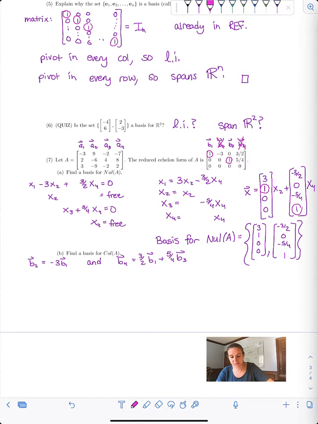That means we can ignore the columns that have those same relationships. And so a basis for the column space of A is given by just taking the columns in A that correspond to pivots in the reduced echelon form of the matrix.